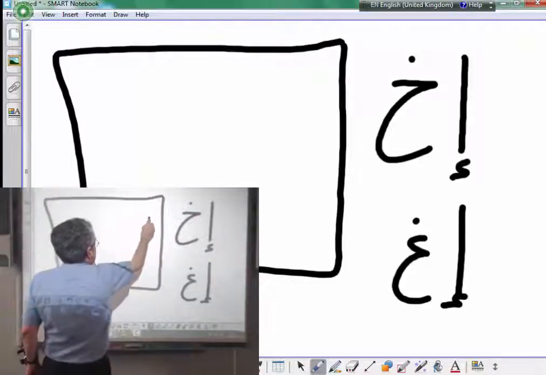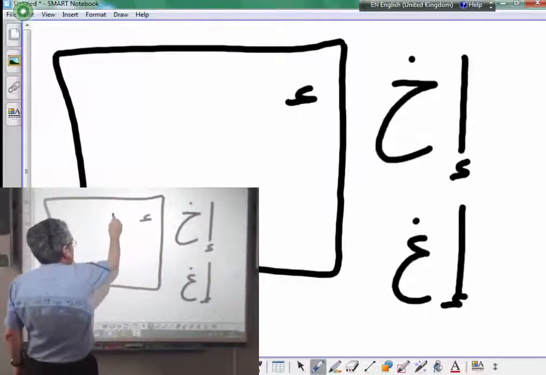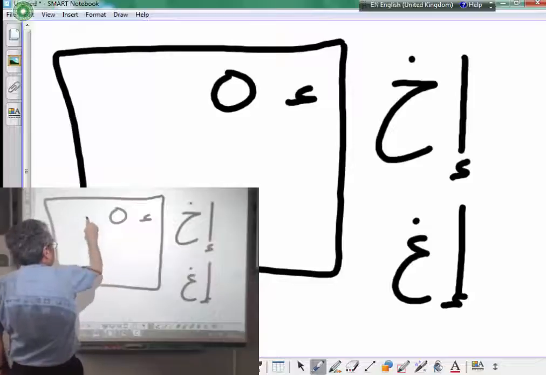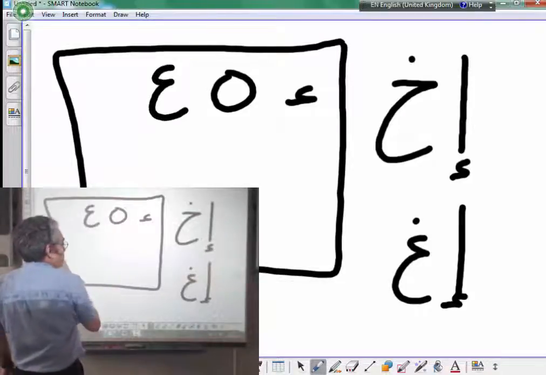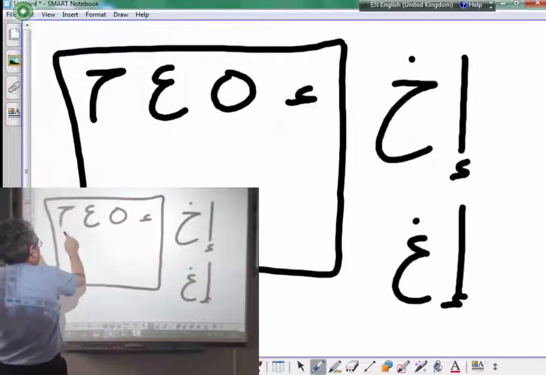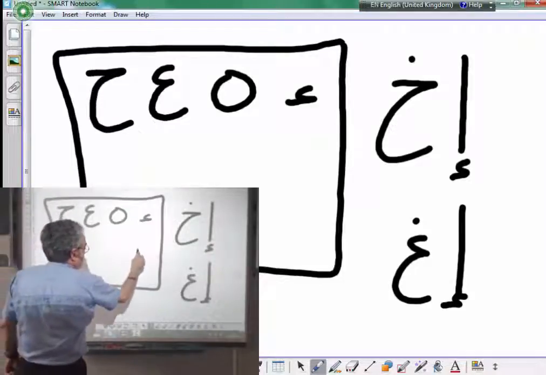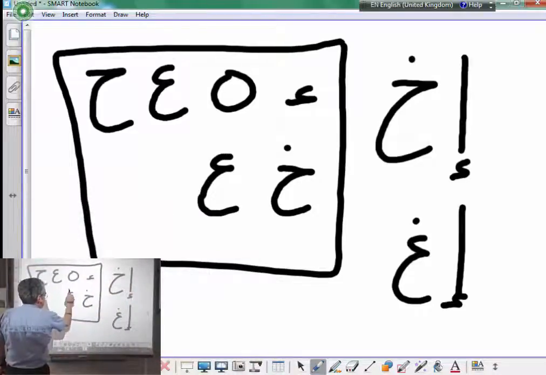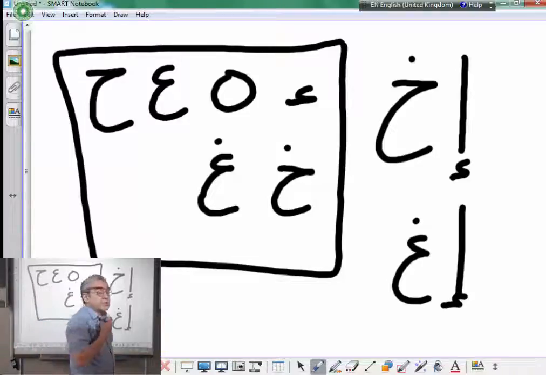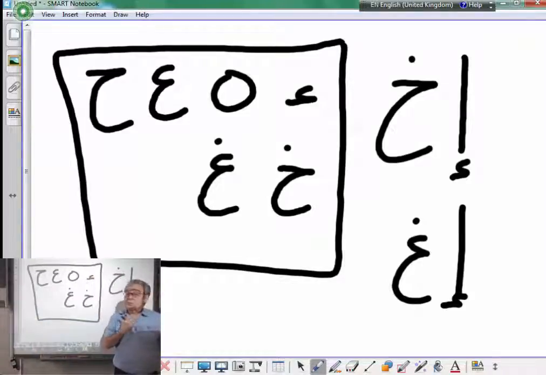We've got Hamza, Ha, Ain, Ha, Kha, and Ghain. So these are the 6 letters we need to remember. They are pronounced from the throat.